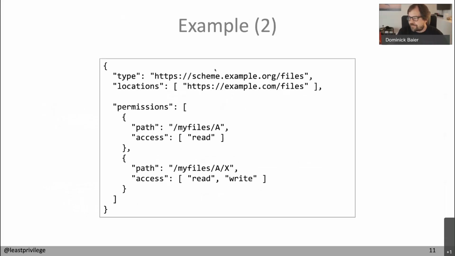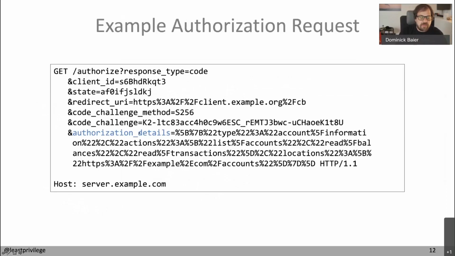That is another example of another schema, which is basically modeling file system permissions. So, like, have read access to this file, have write access to this file, for example. And then the idea is, as I said, that this thing replaces the scope parameter and can be used wherever else you would use the scope parameter.